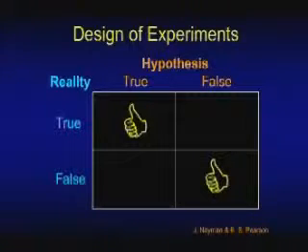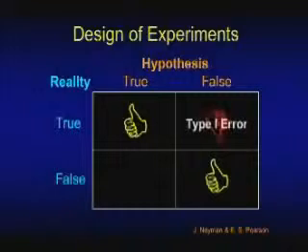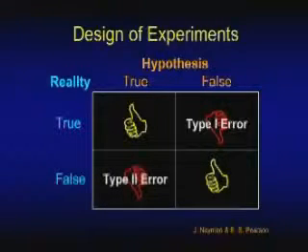You with me? If, however, it's really true and we think it's false, that's a type 1 error. If we think it's true and it's not true, that's a type 2 error. They take these labels from Neyman and Pearson in statistics. In other words, if your hypothesis fits reality, whether it's true or false, that's a win.